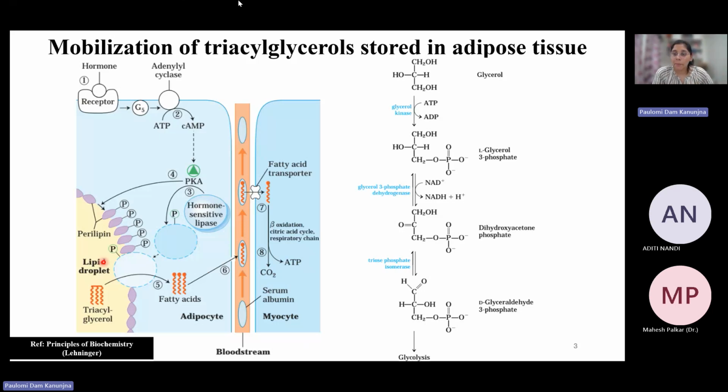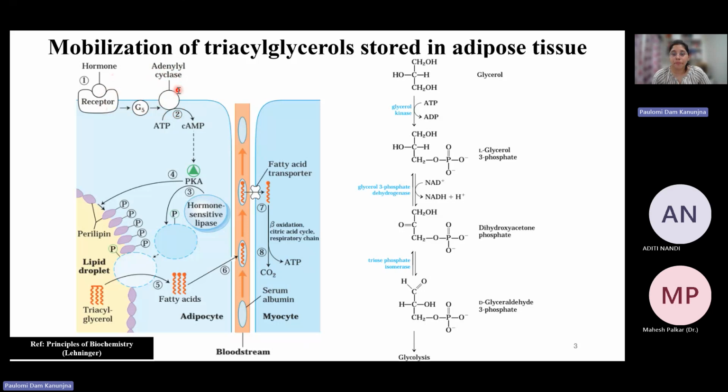Now, how will that take place? The first thing these hormones will do, after binding to their receptor, is activate the enzyme adenylyl cyclase, right? It's in the plasma membrane, as you can see here. Via the G protein receptor, it will bind and activate this adenylyl cyclase. Now, what does the name adenylyl cyclase suggest to you?